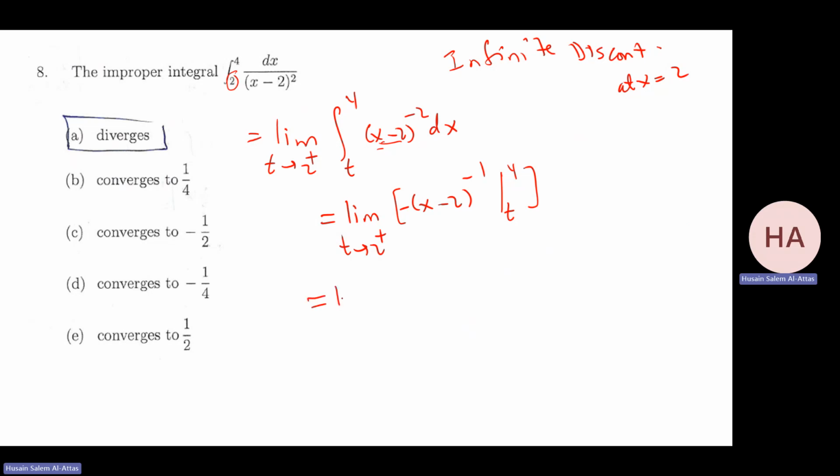So I have the limit as t goes to 2 from the right of minus 1 over 2 plus 1 over t minus 2. This limit will diverge. Actually, it will go to plus infinity. So it diverges.